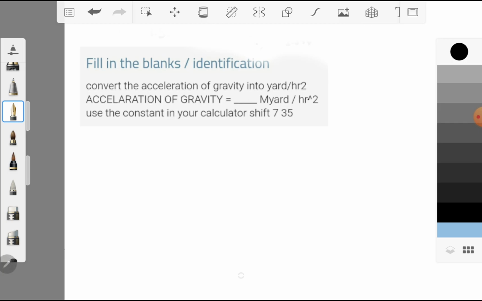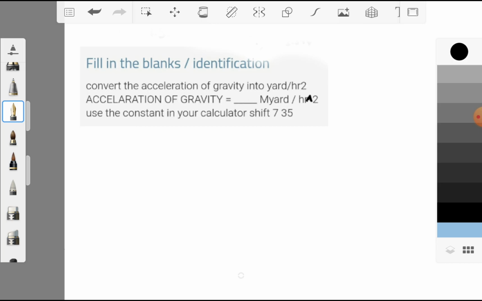So, you might be confused by this symbol. It means it is an exponent of hour, not an exponent of r. Okay? It is hour squared. So, it is indicated in my problem that we will use the constant of your calculator with shift 735.